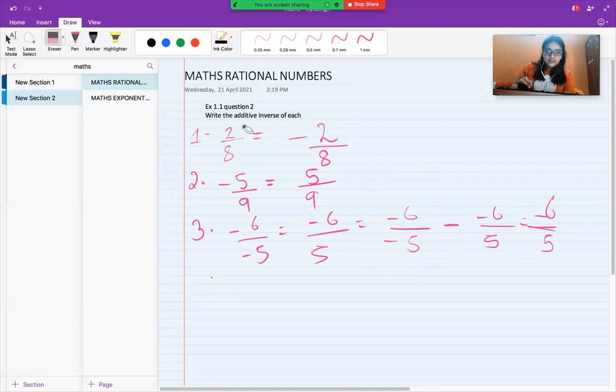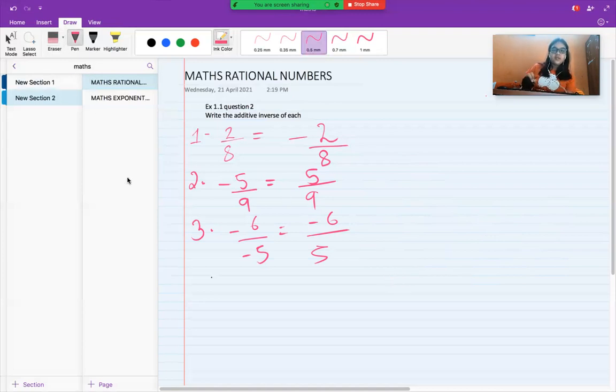Now we go to the fourth part, which is 2 by minus 9. 2 by minus 9 is equal to minus 2 by 9.